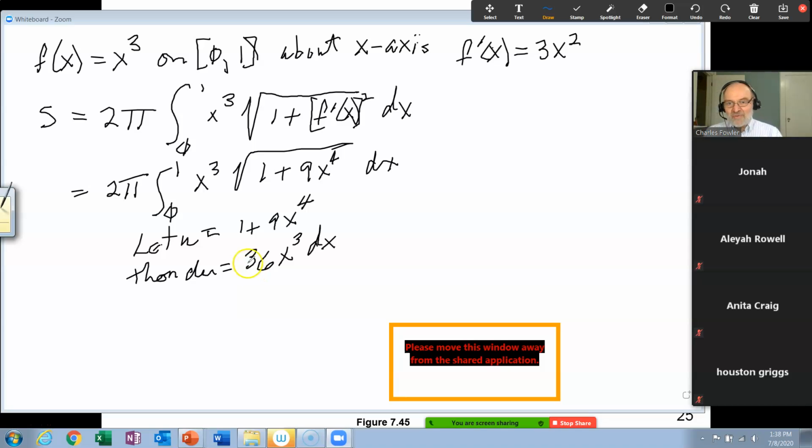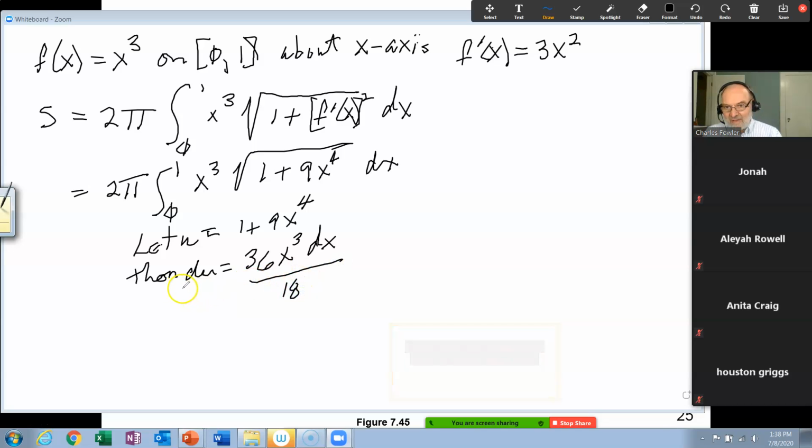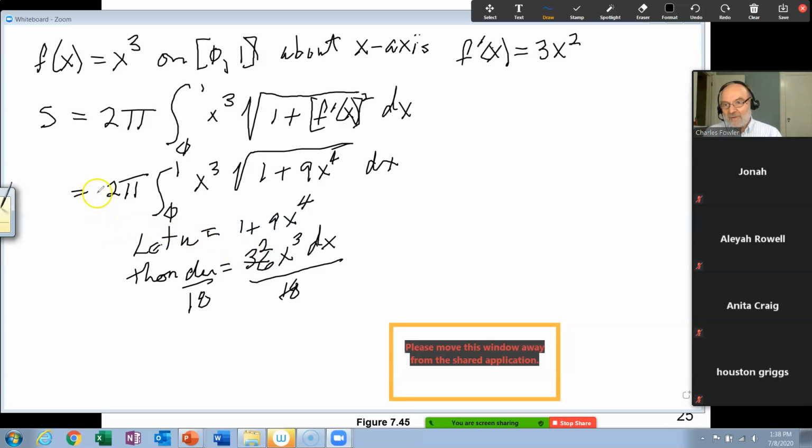Well, at best, if we pulled that 2 that's out here in here, you would have a 2x cubed. We need 36x cubed. So let's bring another 18 back in there. In other words, let's divide both sides by 18. And then this would be 2x cubed. And we can do that by just bringing this 2 back in here. So the 2 is no longer out front.